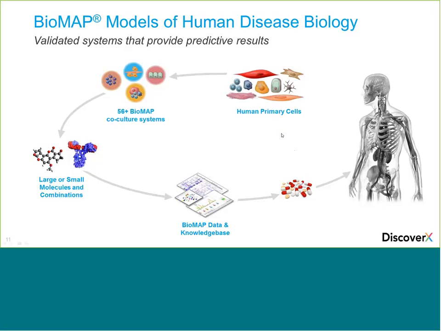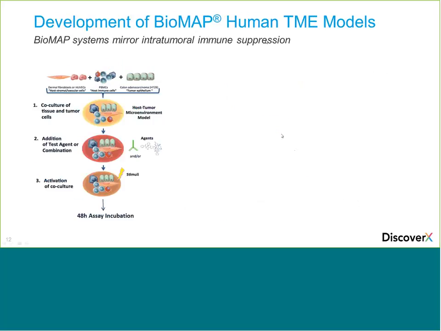So diving into this a little bit deeper, in particular, when we start thinking about the BioMap human tumor microenvironment models, to develop this, we've developed two systems in which we use primary human PBMCs co-cultured with either primary human fibroblasts or primary human endothelial cells from the vasculature, the HUVEC cells, alongside a cancer cell line that can then mimic either a stromal or a vascular tumor microenvironment.